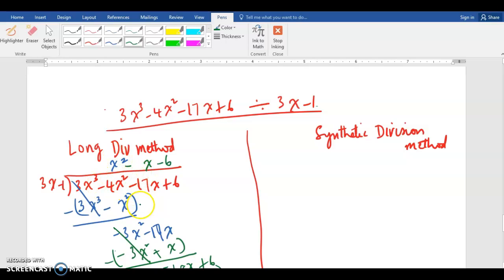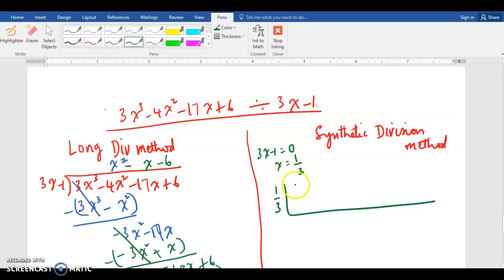Alright, so this is a long division method. I'm now going to do the synthetic division method for this. So here the first step is to equate the divisor to 0 and hence find x, which is 1/3 here. It's okay, no problem, they're fractions. It should not be a big deal.